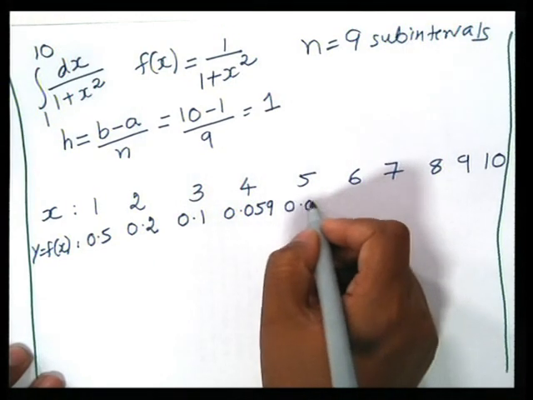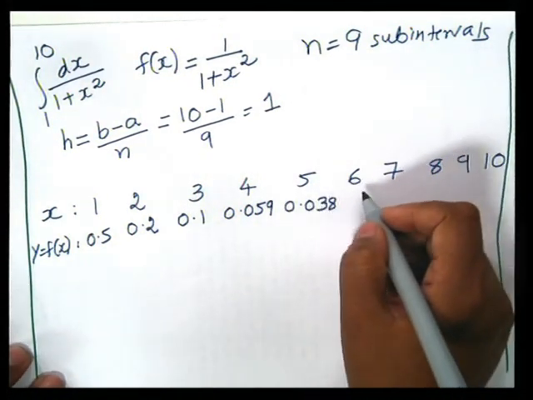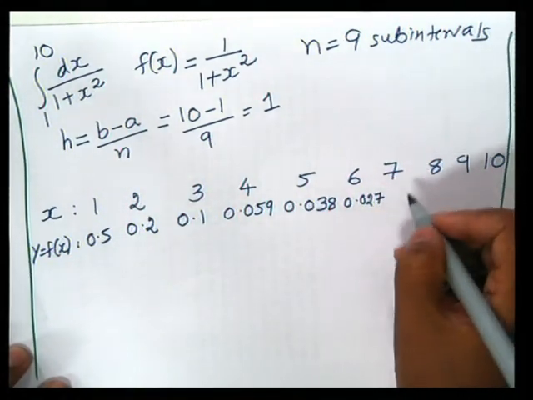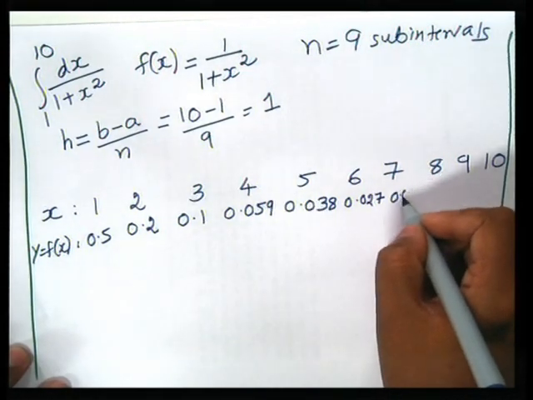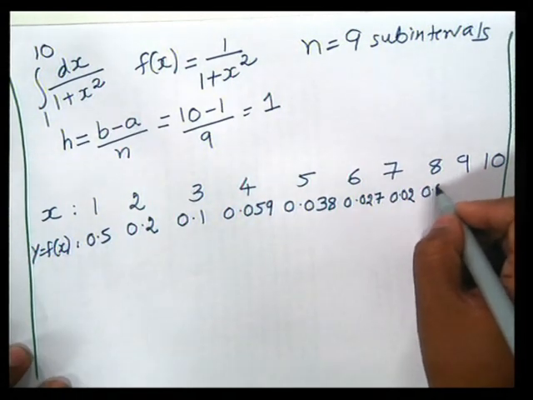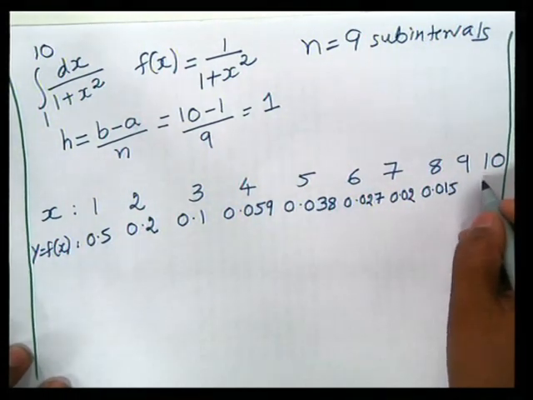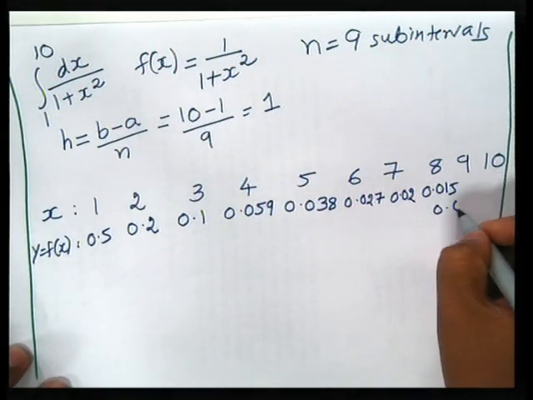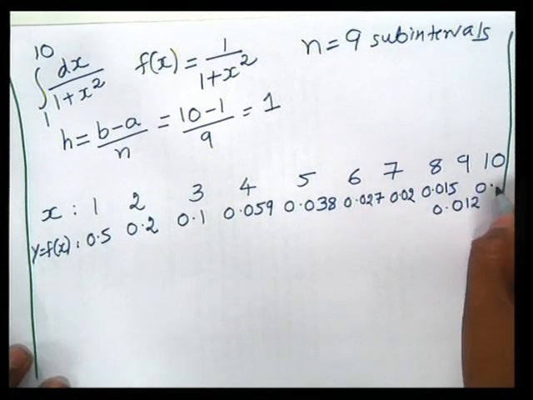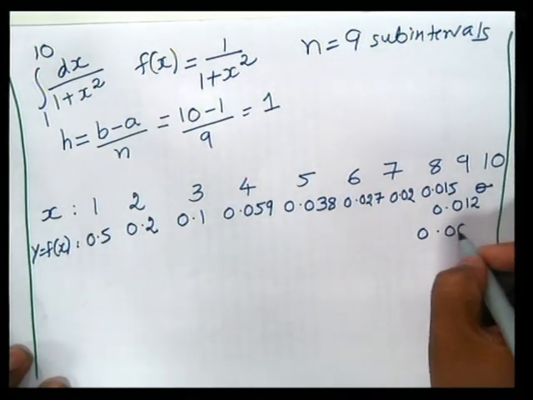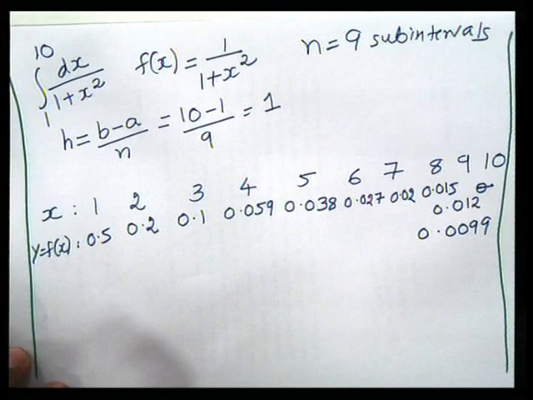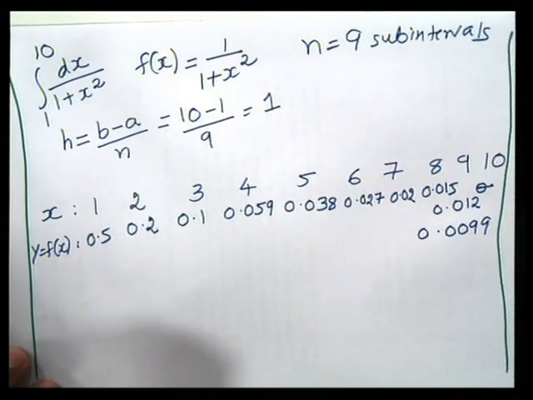The next answer is 0.038. Next, if I put 6, I will get 0.027. For 7, 0.02. For 8, 0.015. For 9, 0.012. And for 10, 0.0099. So these are the values I get for different values of x in the function f of x.